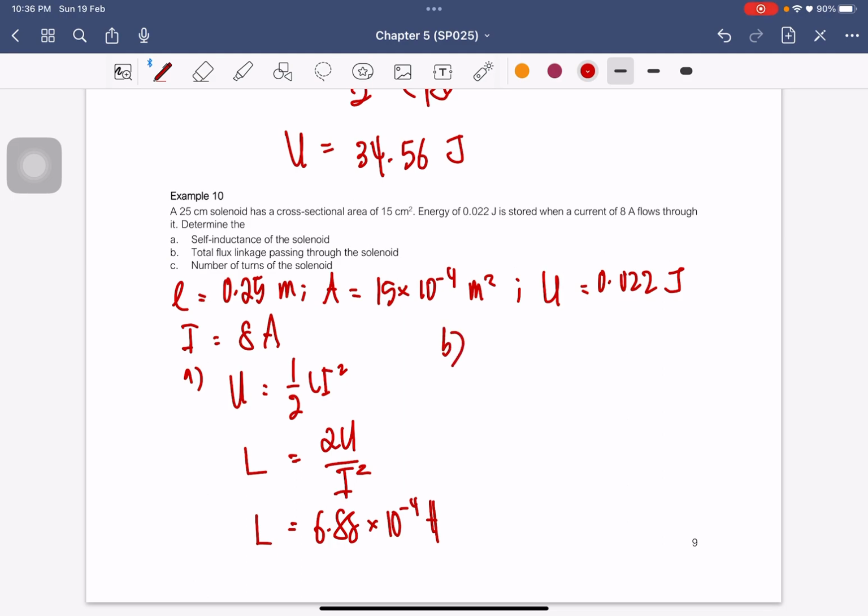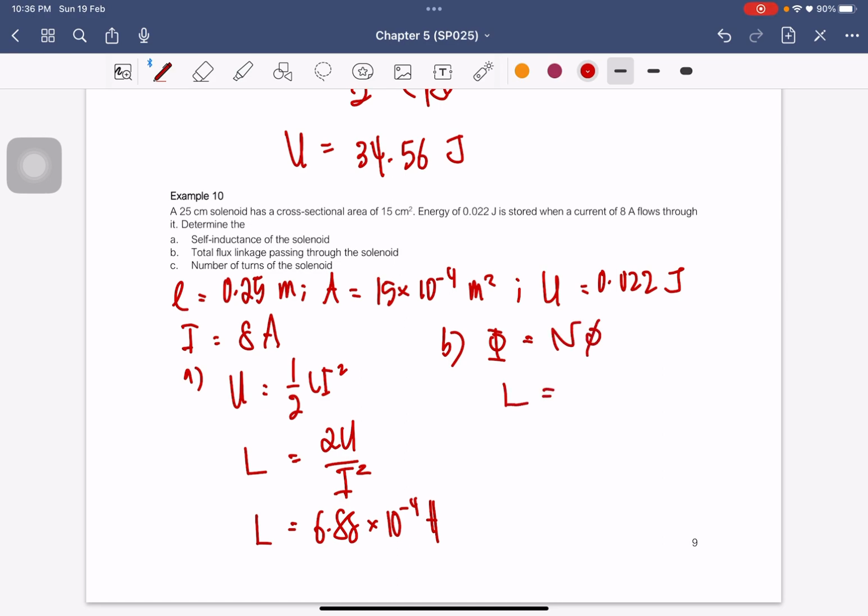Question B: total flux linkage passing through the solenoid. Total flux linkage is N phi, right?